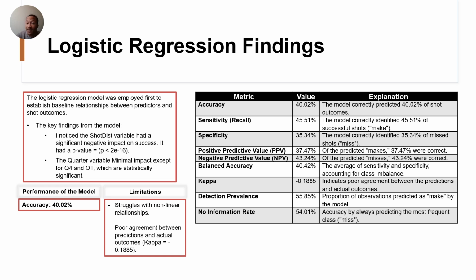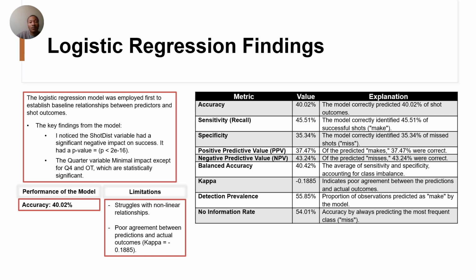Shot distance had a significant negative impact on success, which means the farther the shot, the lower the likelihood of making it. This was statistically significant, as you can see in the p-value. The quarter variable had minimal impact overall, except for Q4 and overtime, where it was statistically significant but not substantial.